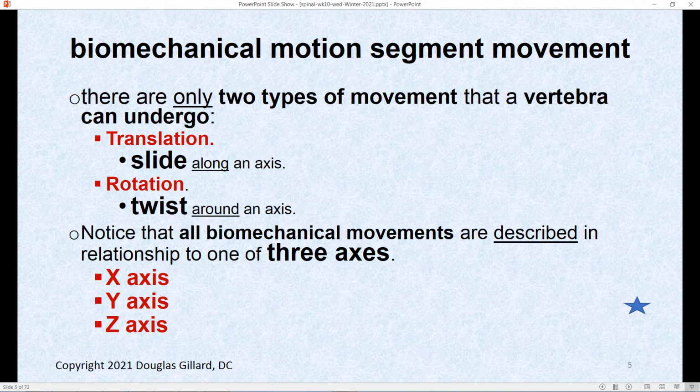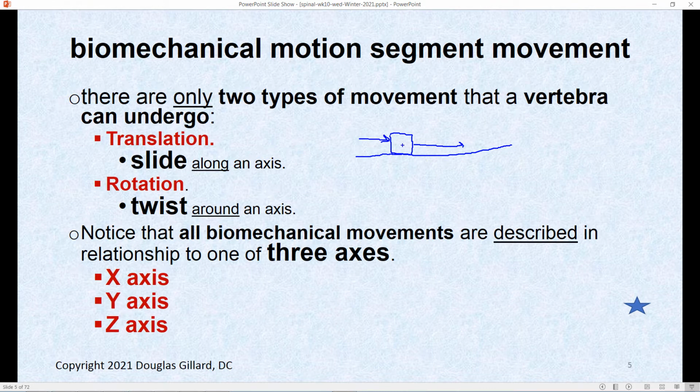It's like sliding something. If we have a surface, if it's a flat surface, well, even if it's not a flat surface, if we push a block over a surface and it slides this way, that's called a translational movement, or you could call it a forward or an anterior translational movement.